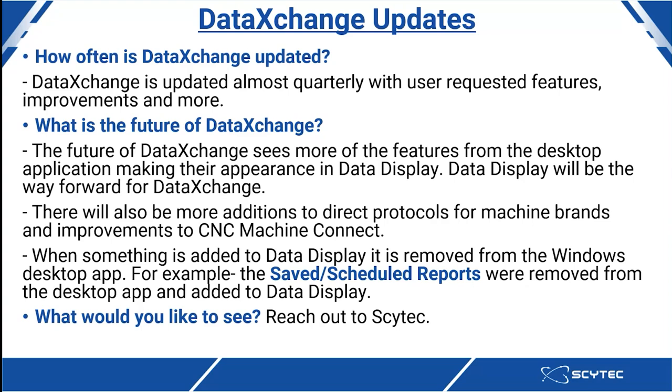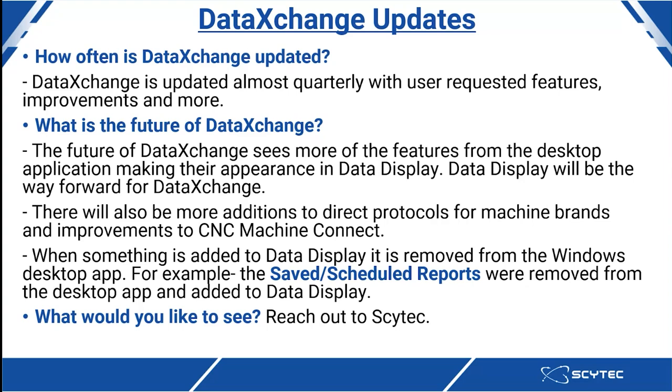There is also going to be some more additions to the direct protocols, which I will be discussing later on in this webinar for machine brands, and improvements to CNC Machine Connect, which is the integration between data exchange and Vericut. So when something is added to data display that was traditionally found in the Windows desktop application, it will then be removed from the desktop application, and from then on forward, you can find it solely in data display.